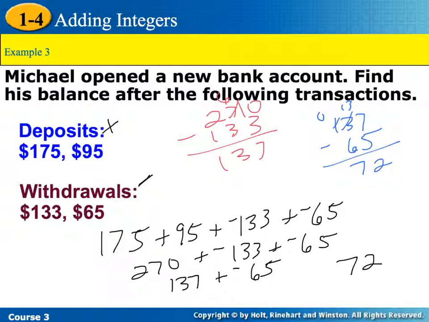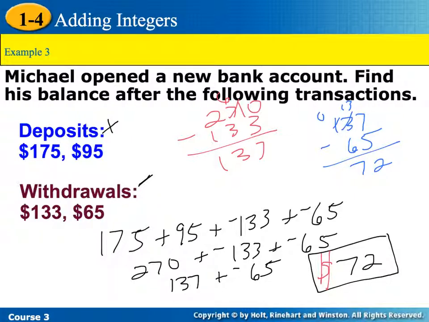Now, if you give me an answer that looks like just 72, guess what? It's wrong. I want to see if you can figure out why I would mark that problem wrong. It's the correct digit. However, we need this beautiful label sign.